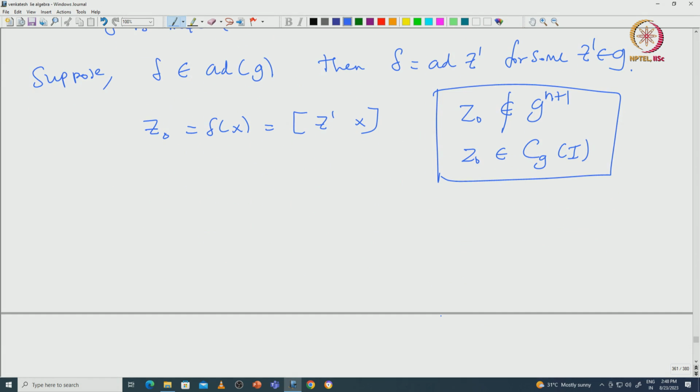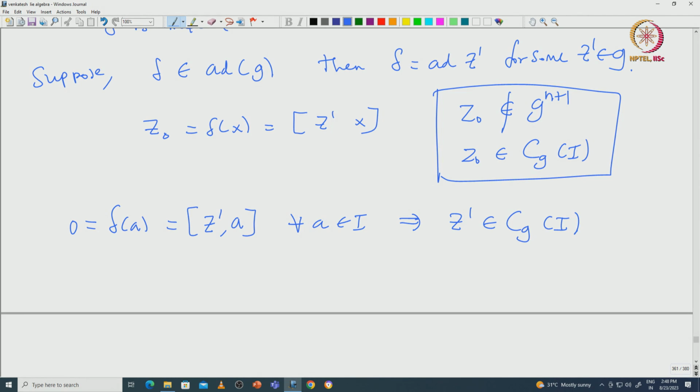So, in particular if I take delta of A, which is 0 by definition, then you get this is z dash comma A. Okay. And this is true for all A in I. So, that makes this z dash inside the centralizer of this I.